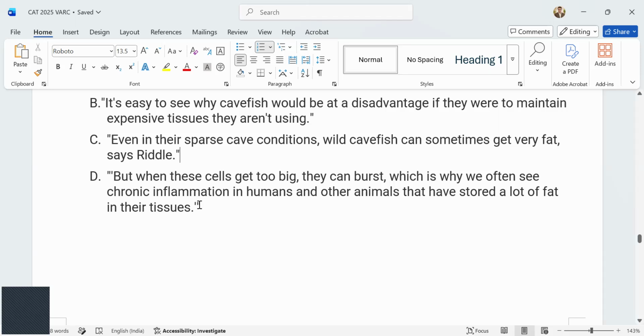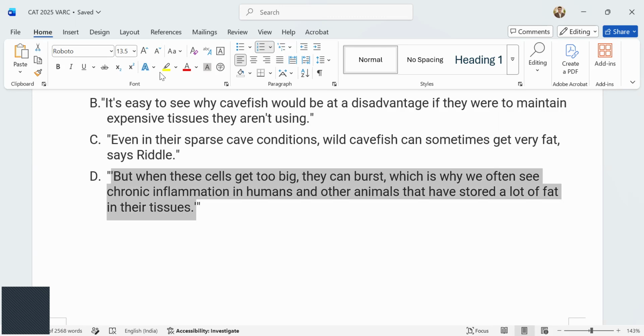absorb and store nutrients. But when these cells get too big, they can burst, which is why we often see chronic inflammation in humans and other animals that have stored a lot of fat in their tissues. Now, here there is nothing about cavefish.